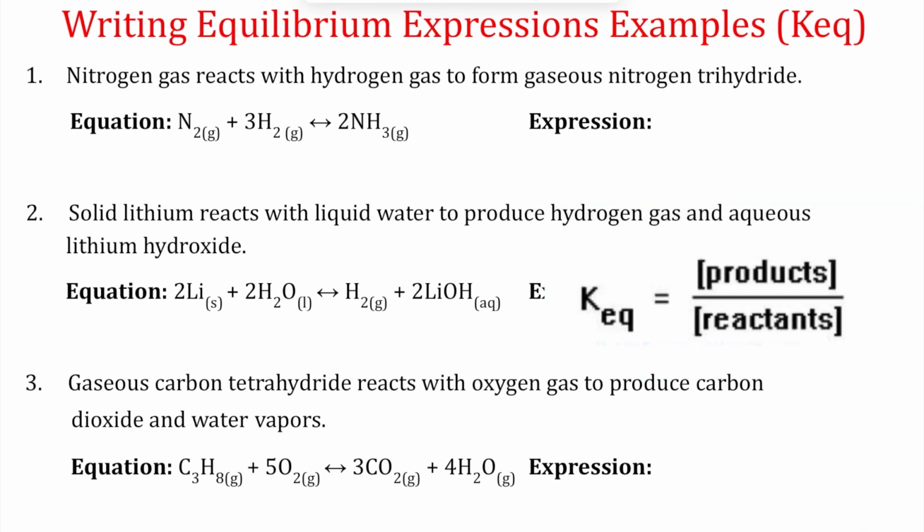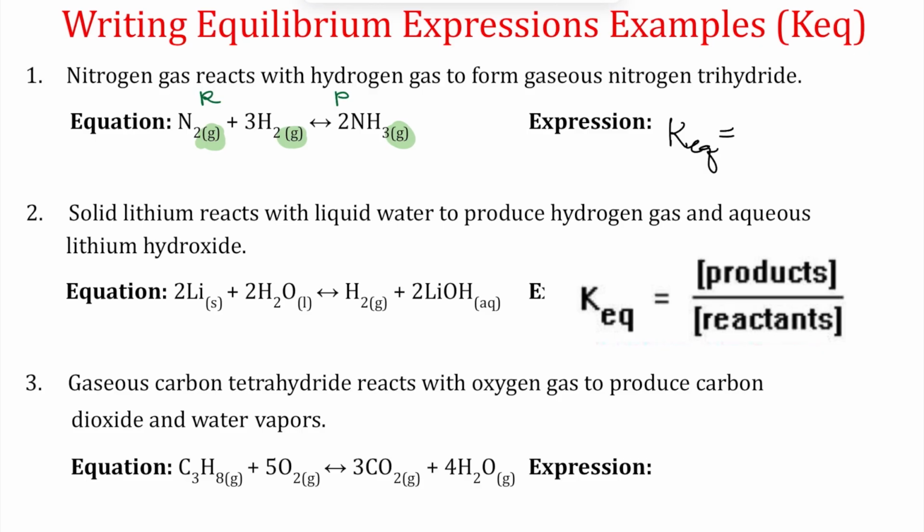So we've got KEQ, EQ again for equilibrium expression. We have our products on the right, our reactants on the left, and we need to look at whether we can include these. Gas, gas, gas, all of these are going to be included because all of those can change concentrations.